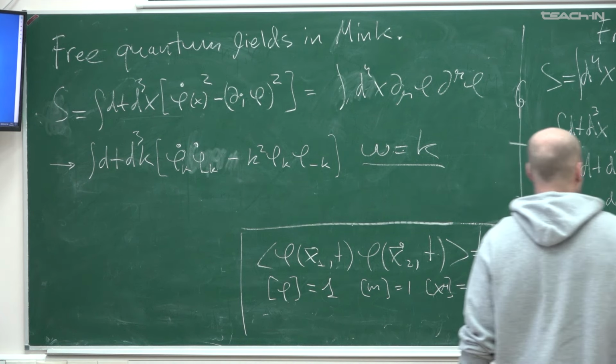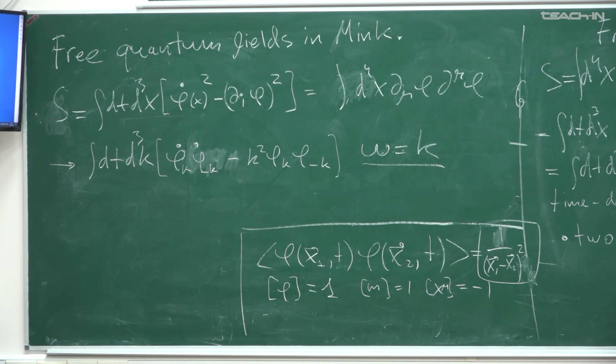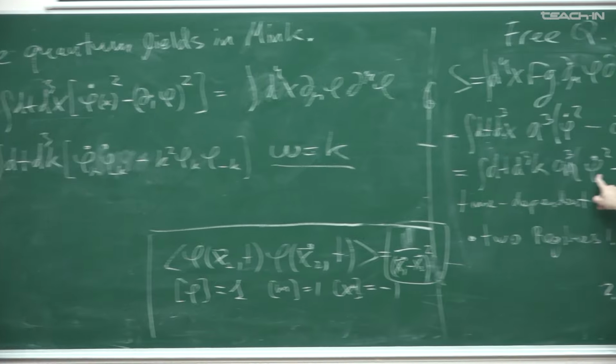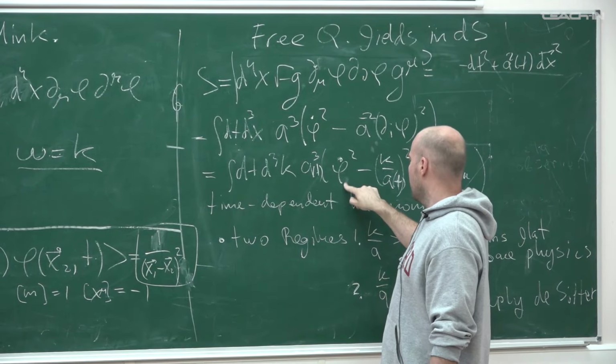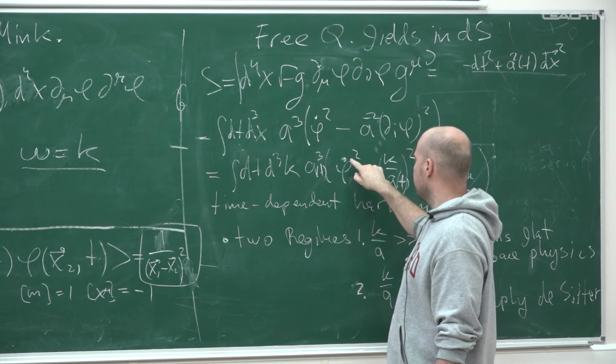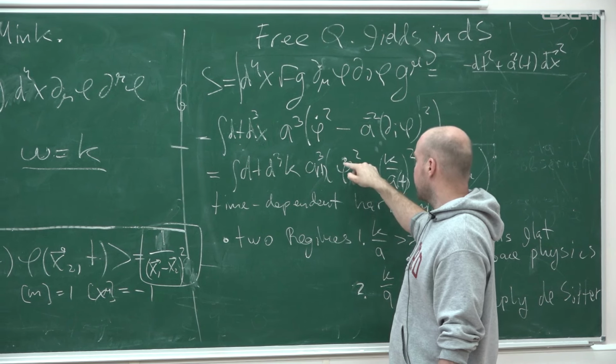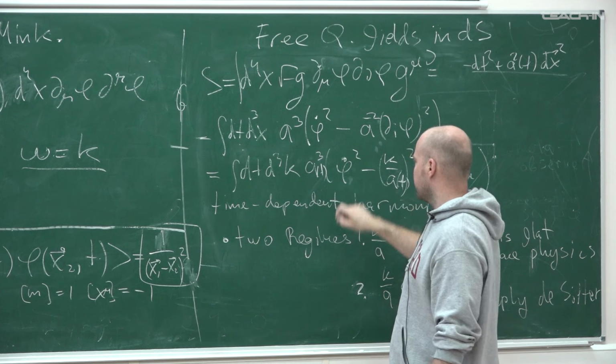So when we work out the Lagrange equation of motion, there will be two terms: one where the time derivative acts on the scale factor, and one where it acts on the field.